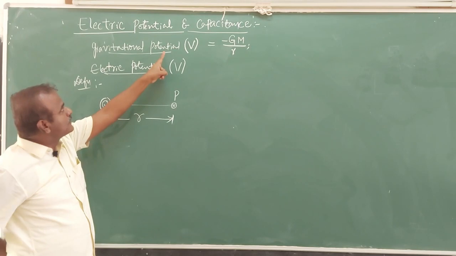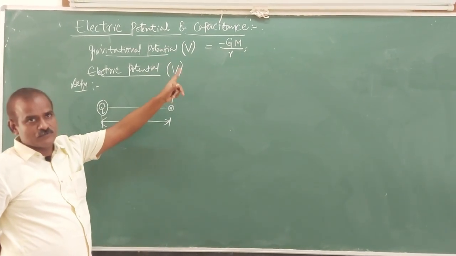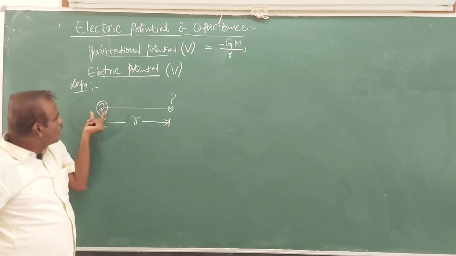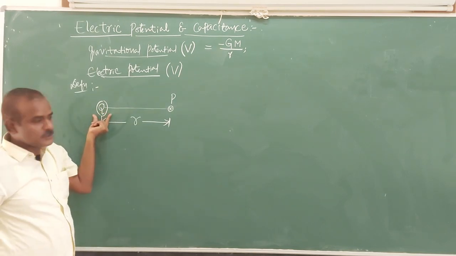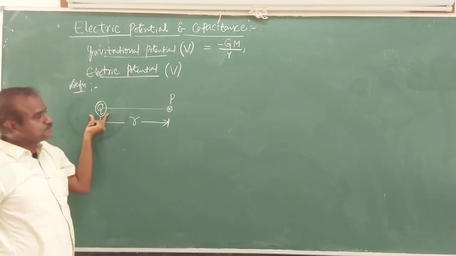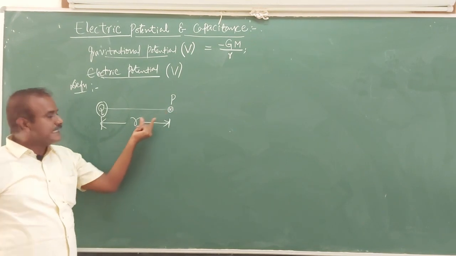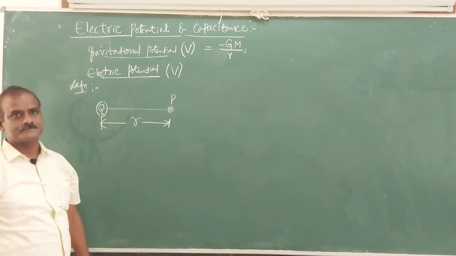Similarly, we found the gravitational potential due to Earth at a distance r from the center of the Earth. Now we are considering a point charge plus q in space. Let us find its potential at point B, distance r from it.